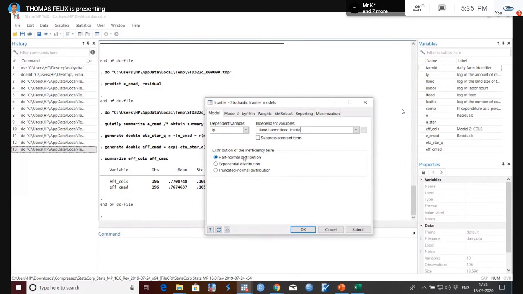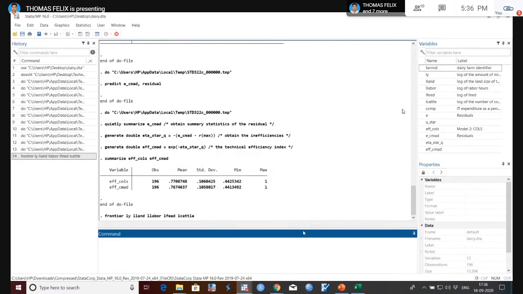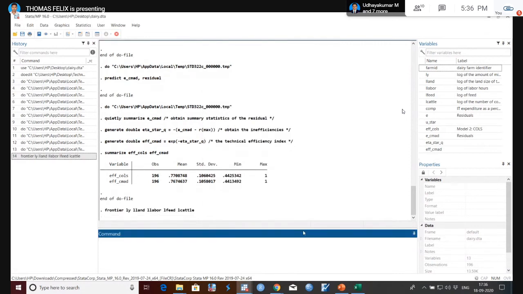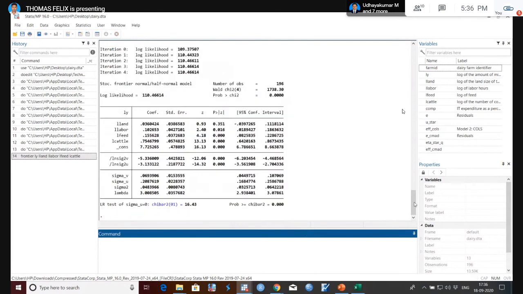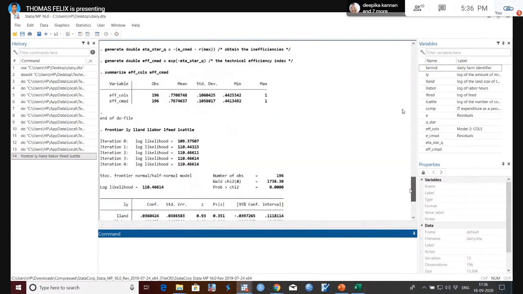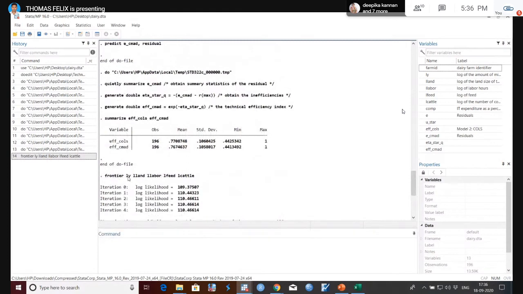First we are going to use the half normal distribution, so I am clicking the half normal distribution. Or else, by typing frontier, dependent variable and independent variables, it automatically provides the half normal distribution.